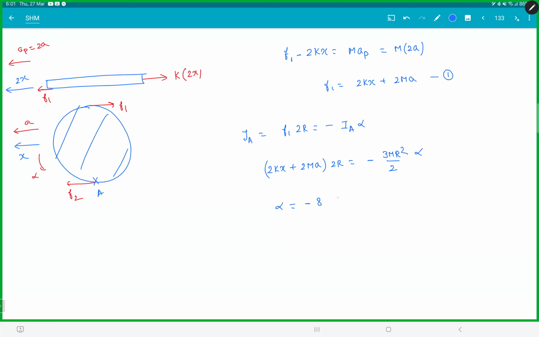Looks like we are getting 8 here. 8, no, wait, there is ma also on that side. This will be 8kx plus 8ma. One r will cancel, that will be 3ma. 11ma is equal to minus 8kx. You're right, Falak. Please check others where it went wrong.